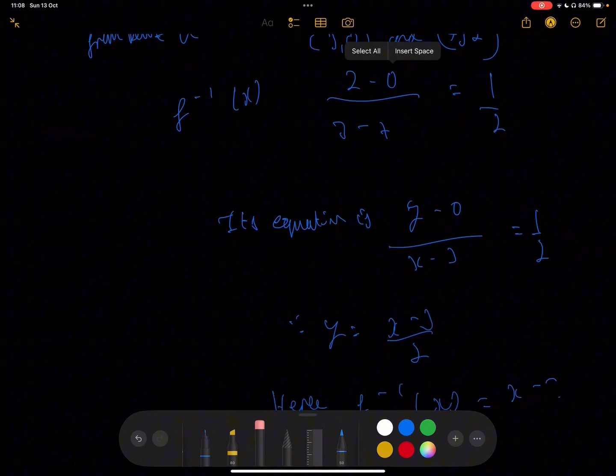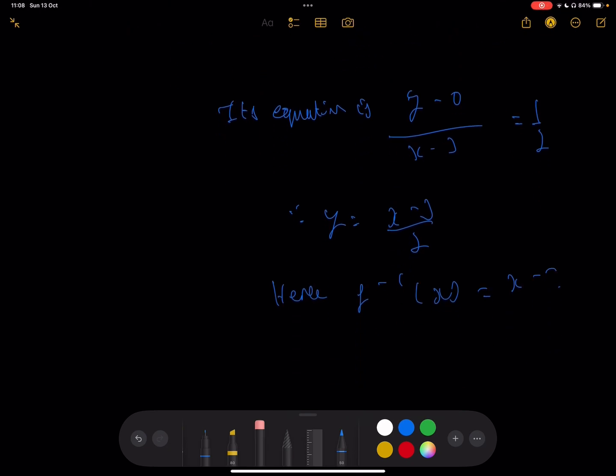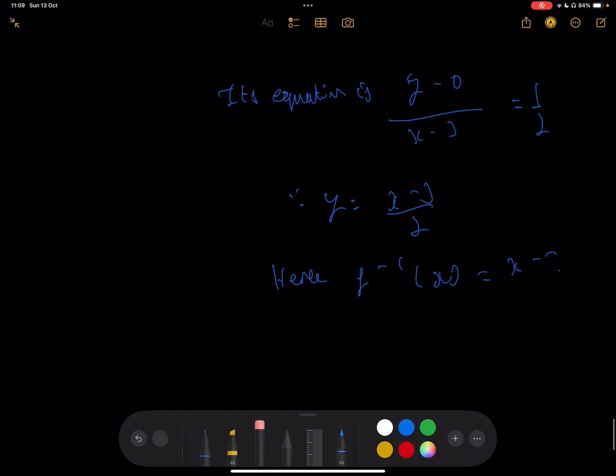If you look here, we can take the values 2 and 7 and substitute them with y and x, the variables. Because we know the intercepts aren't going to change on the inverse function of f of x, right? So instead of writing 2 and 7, we can just substitute y and x.